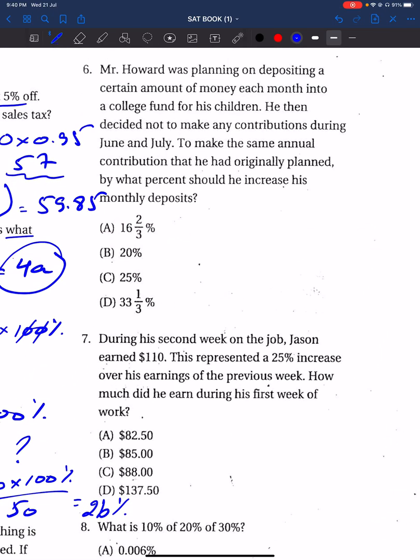Number 6. Mr. Howard was planning on depositing a certain amount of money each month into a college fund for his children. He then decided not to make any contribution during June and July. To make the same annual contribution that he had originally planned, by what percent should he increase his monthly deposit?